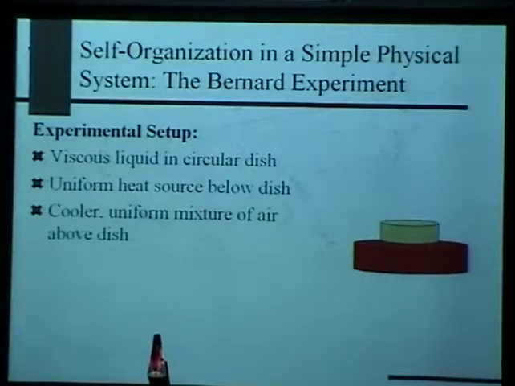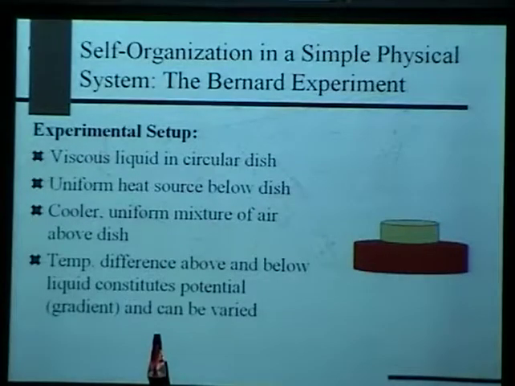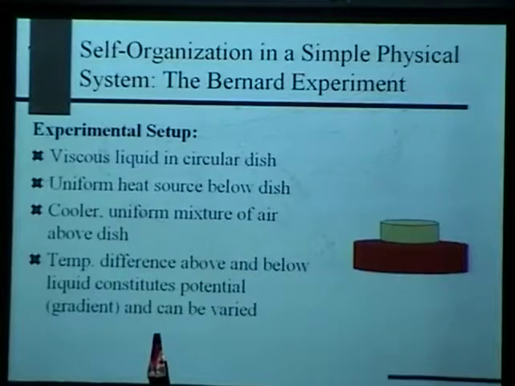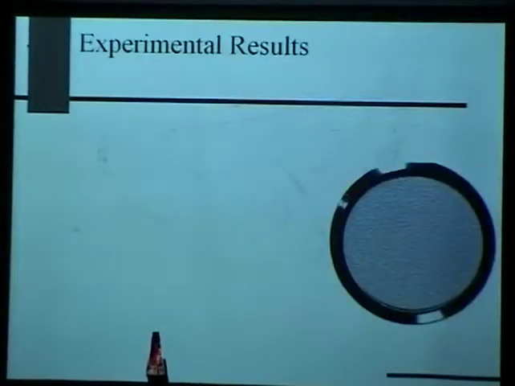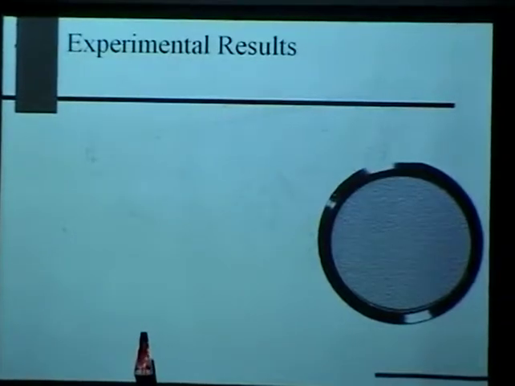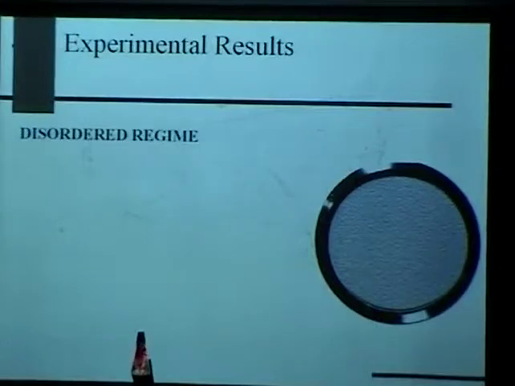So we got a uniform heat source below, a cooler, uniform mixture of air above. And the temperature difference, this temperature gradient from below and above, could be controlled for the sake of the experiment. And what Bernard found, and what everybody finds when they repeat this experiment, is pretty amazing.